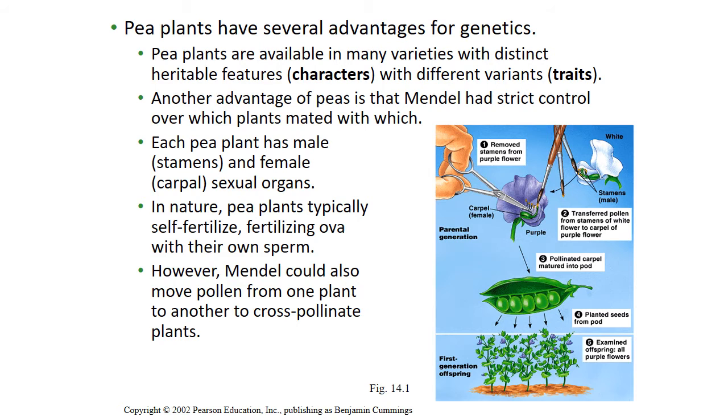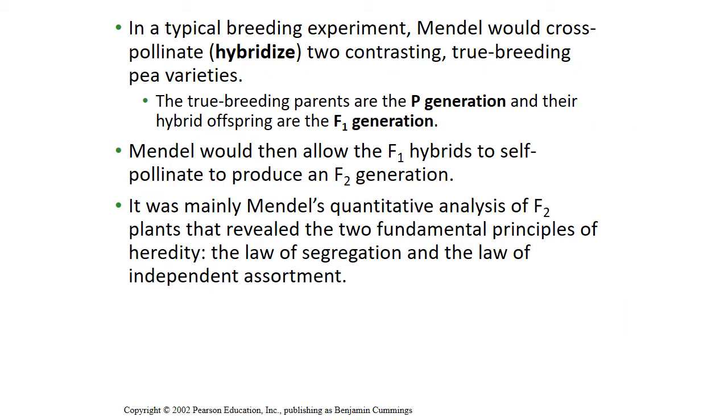And because he could remove the stamen, he could cross-pollinate plants. So in a typical breeding experiment, Mendel would cross-pollinate or hybridize 2 contrasting true breeding pea varieties. So he would get the parents, which are the P generation, and those are our pure breeds.